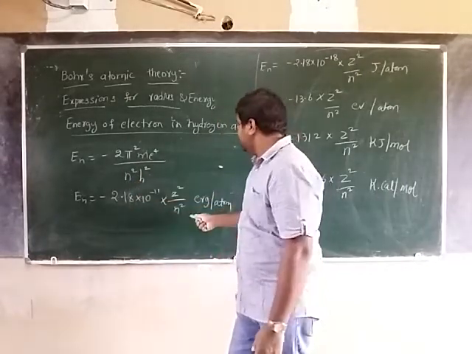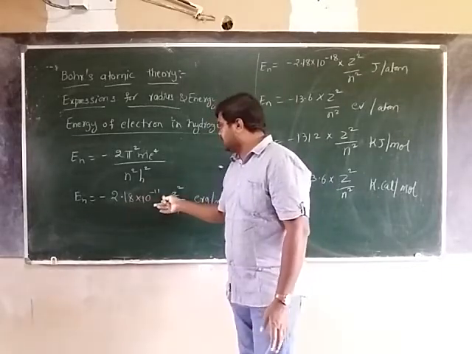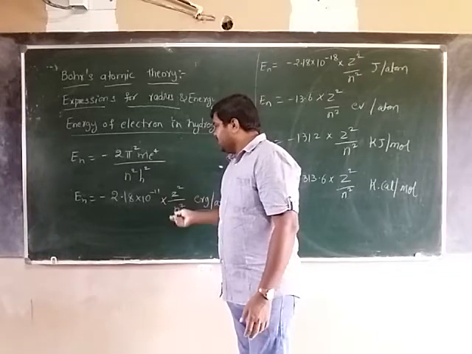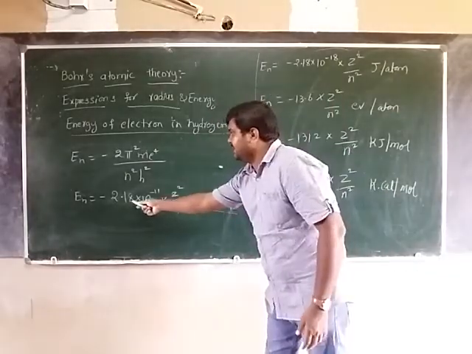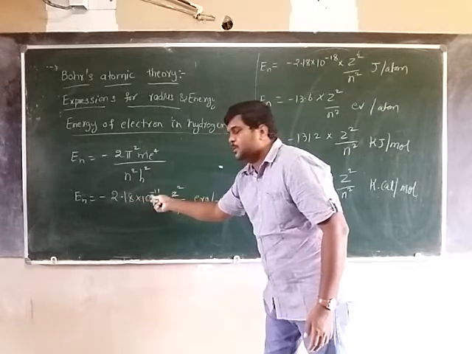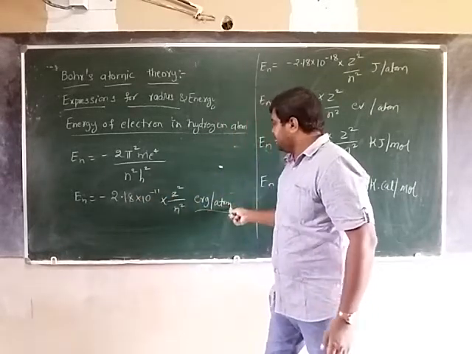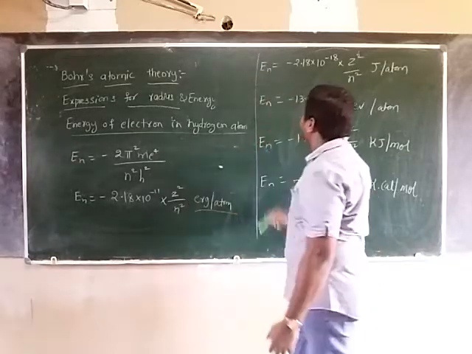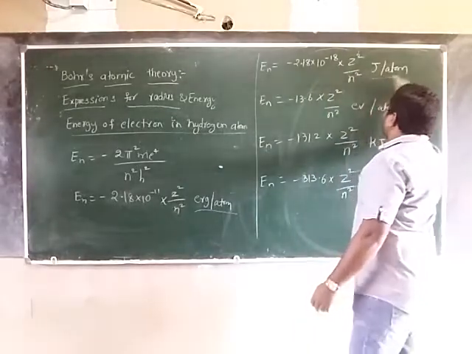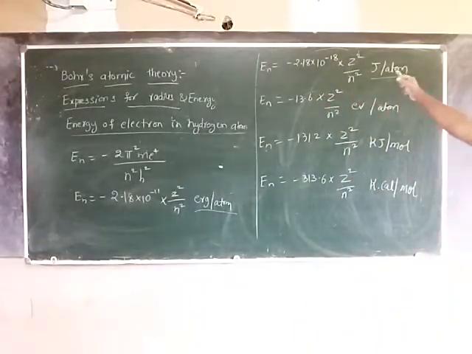So the energy in the nth orbit per atom is minus 2.18 into 10 to the power of minus 11 z square by n square erg per atom, where z is the atomic number. Next, the energy in joule per atom is minus 2.18 into 10 to the power of minus 18 z square by n square.